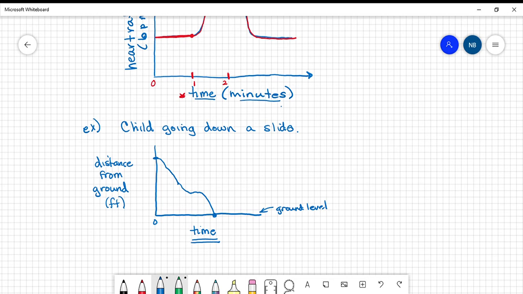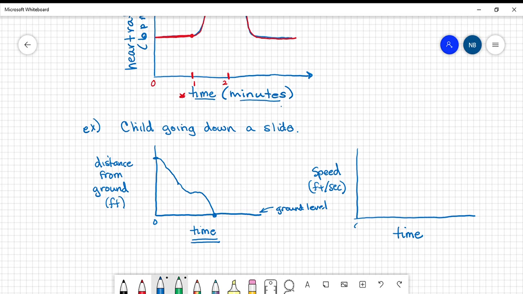Well, compare that graph to this graph. We have time again on the horizontal axis, but this time the vertical axis is labeled as speed. And let's say that speed measured in feet per second. It usually just takes a few seconds to go down a slide.